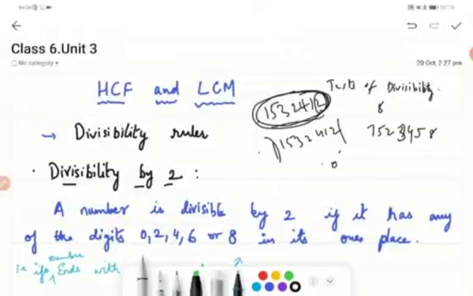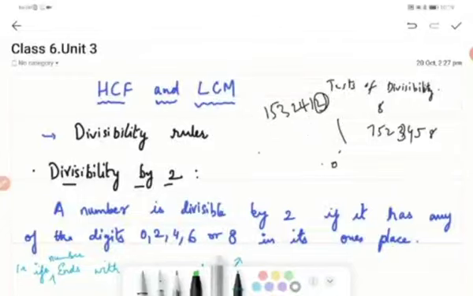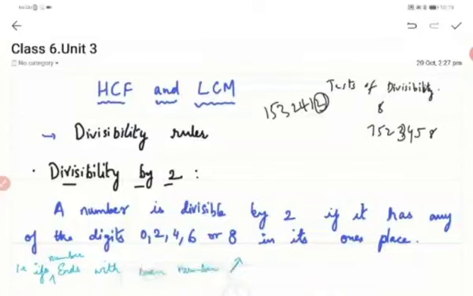So you have certain rules for the numbers 2, 3, 4, 5, 6, 8, 9, 10, 11. We are going to see all the rules of divisibility for these numbers. Okay, let's move one by one.